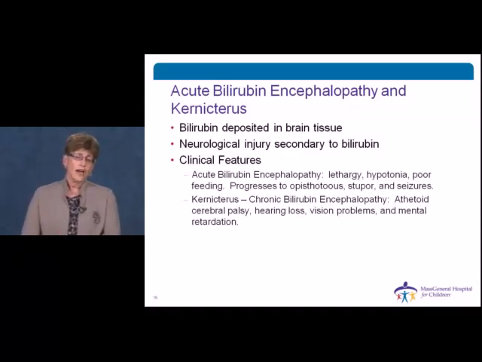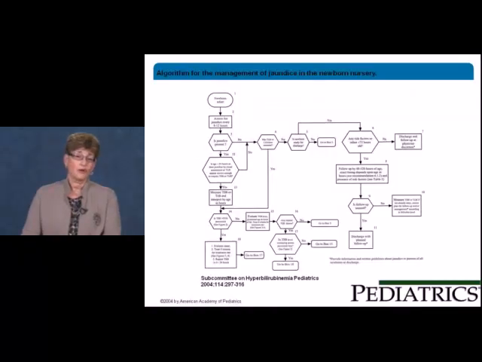And in the chronic changes that we see with the bilirubin being deposited in the basal ganglia are athetoid cerebral palsy, hearing loss, visual problems, and mental retardation. So that's what we're trying to avoid. And here's the algorithm. I don't think you can see it, and it's not meant to be read, but it's worthwhile taking a look at.